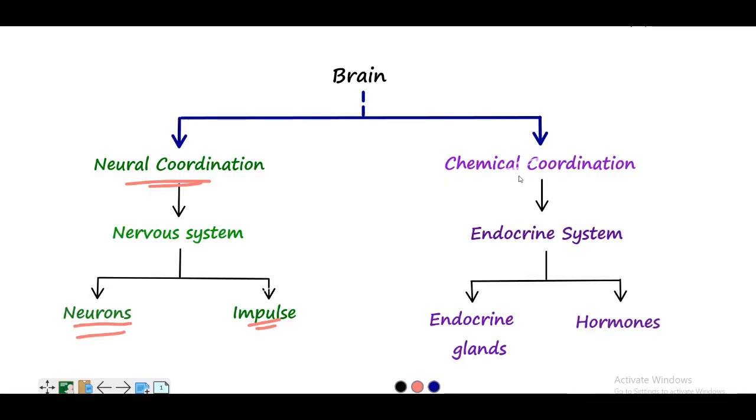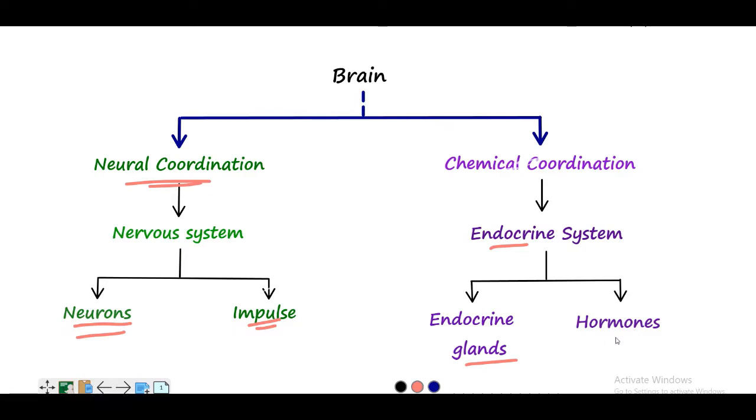Similarly, we have another way of brain controlling our body. This is the chemical way. So just as neural coordination happens, there is also chemical coordination. In chemical coordination, however, the endocrine system is involved. Now, the endocrine system is a system of glands that are called endocrine glands, which we'll be studying in detail. These endocrine glands communicate with each other through specific chemicals called hormones.